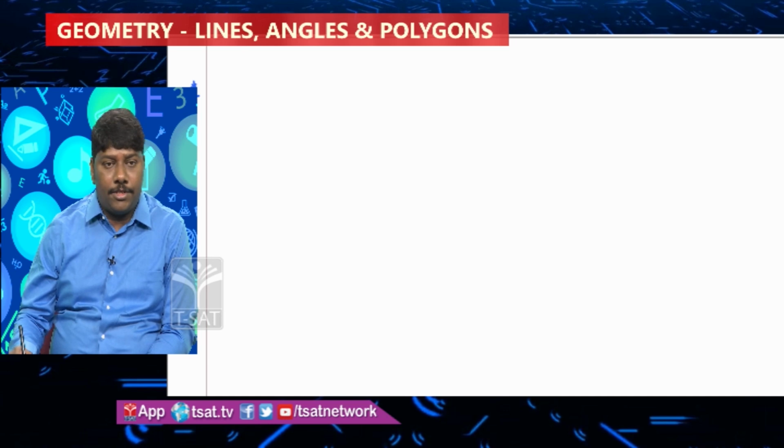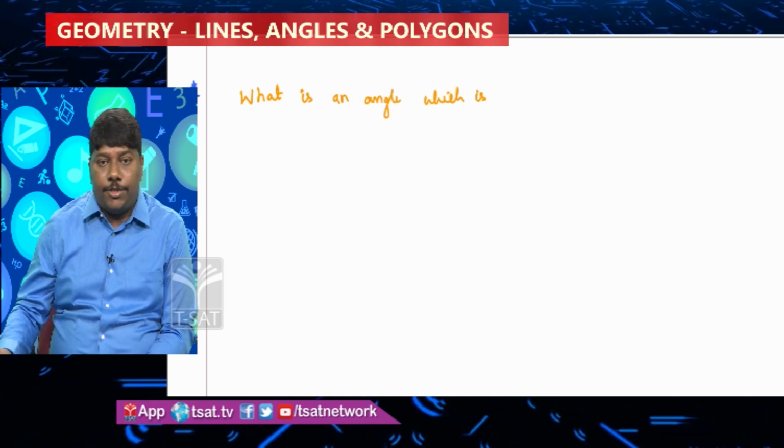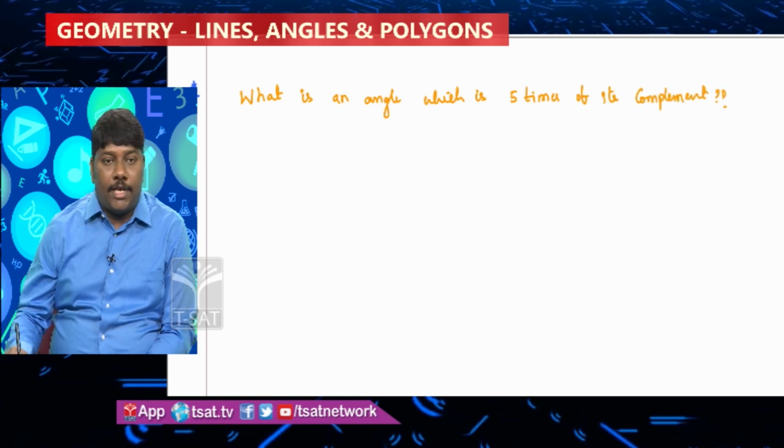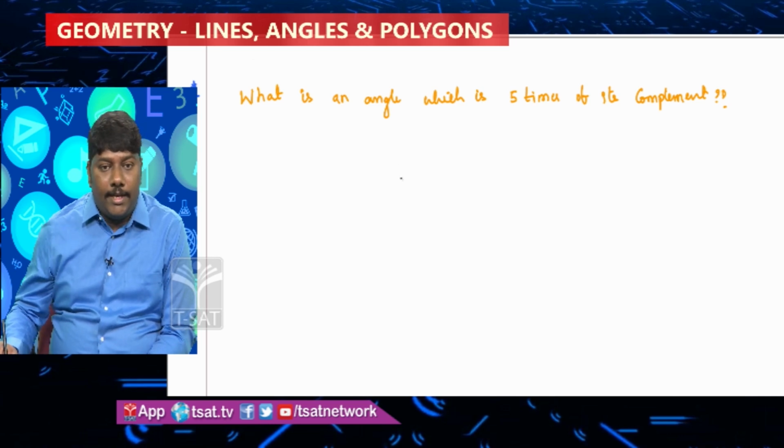Now what kind of questions can be asked using it? What is an angle which is 5 times its complement? So he is asking you what is an angle which is 5 times its complement. Let the angle be A. I want an angle which is 5 times its complement.